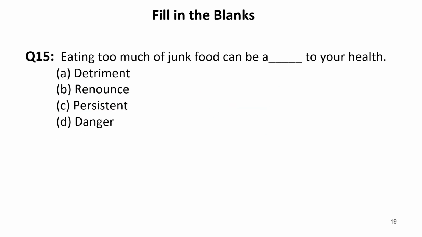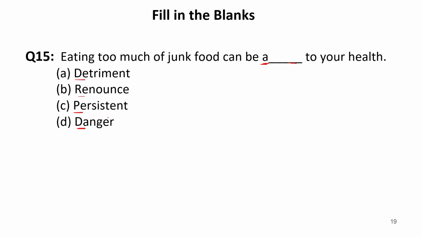Eating too much junk food can be a dash to your health. Now it is written A over here. It means the word that should be placed in this blank should begin with a consonant sound. But we can see in the options that all the words begin with a consonant sound. So detriment, renounce, persistent, danger.